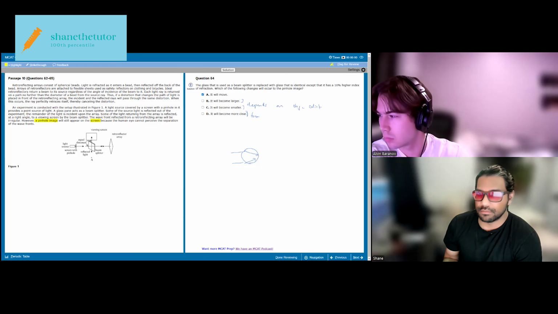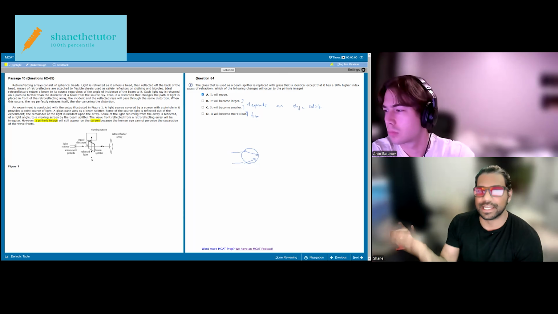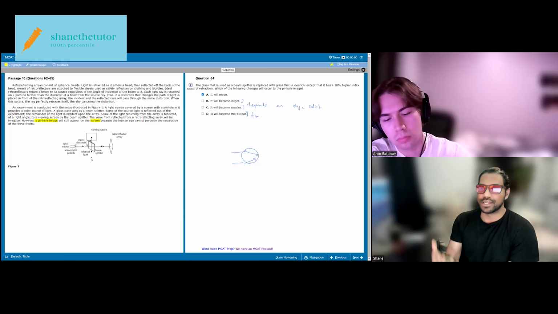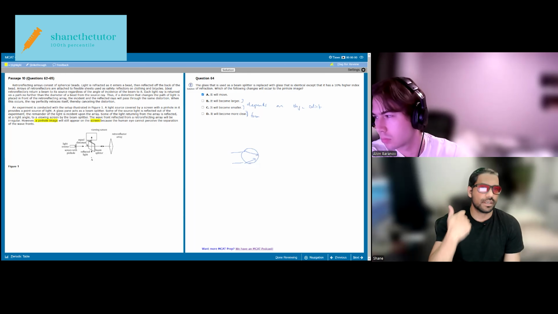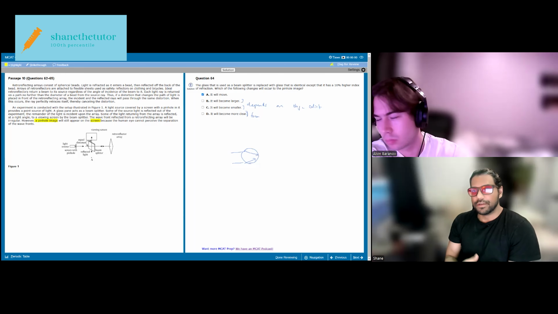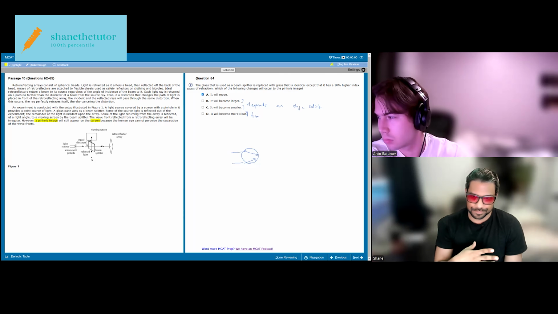So what they're telling us is that the only thing that we're changing is the index of refraction. What does that change? It changes the velocity of the light that travels through it, which also means it changes the angle of refraction.